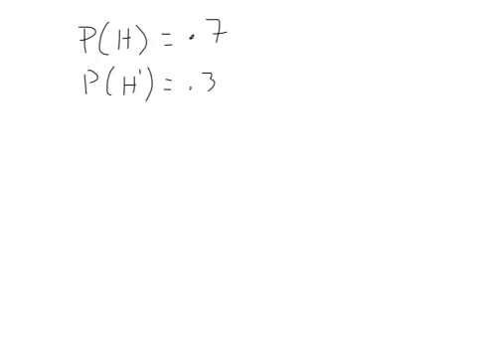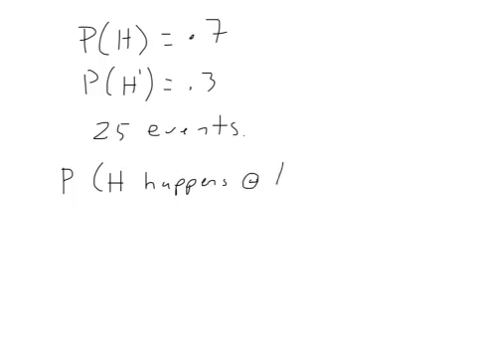And we're going to have 25 events. So it's going to happen 25 times. What's the probability that H happens at least 5 times?